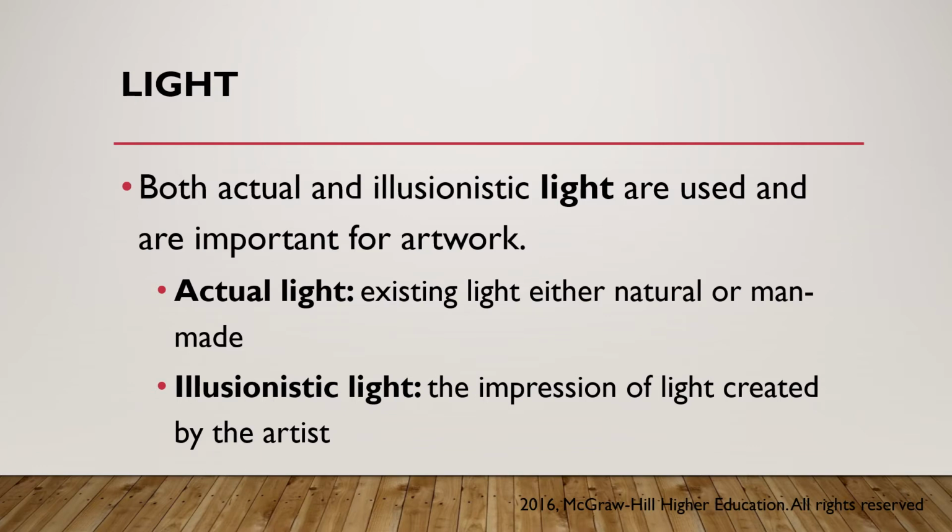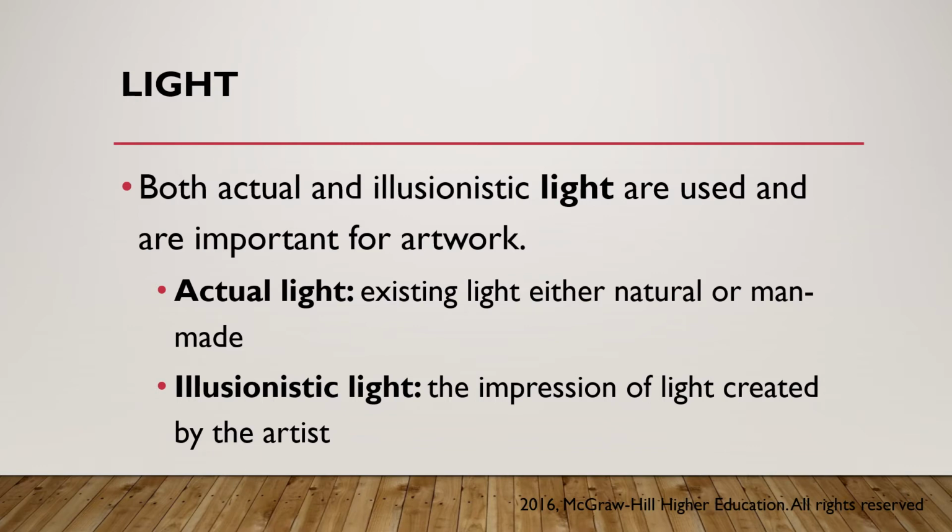All right, we have 2 kinds of light. You have actual light and you have illusionistic light. Actual light would be existing light. If you have your form, you've got your sculpture sitting there, and you've got a light shining on it, and that's creating the different values and you see where one object starts and the other stops.